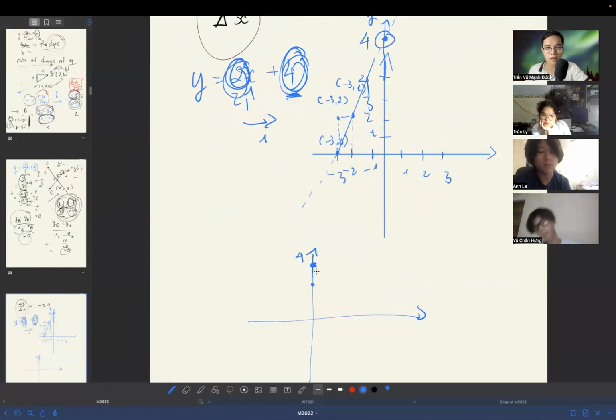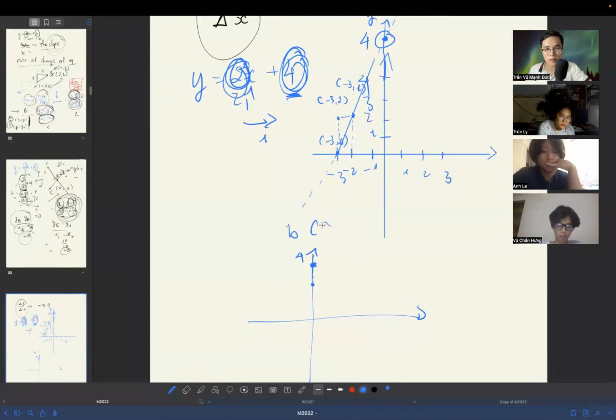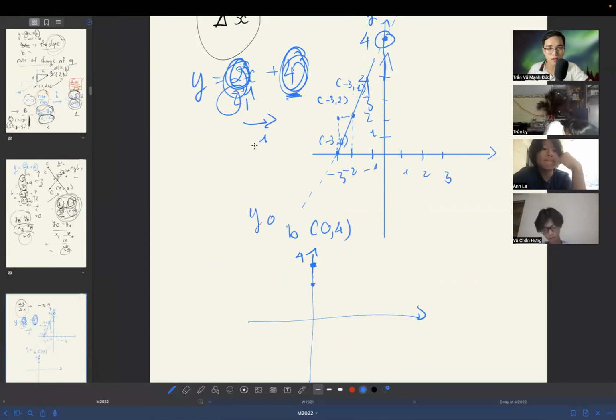This is how you draw a line a bit more easily without having to pick 2 points yourself. You just need to pick 1 point because the first point, the B point, is given. It is 0, 4, the y-intercept for this equation.